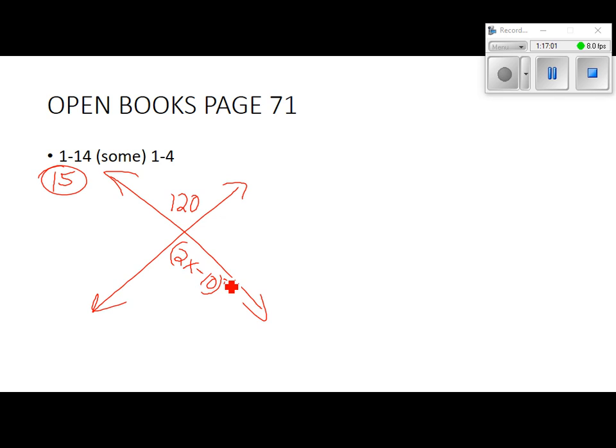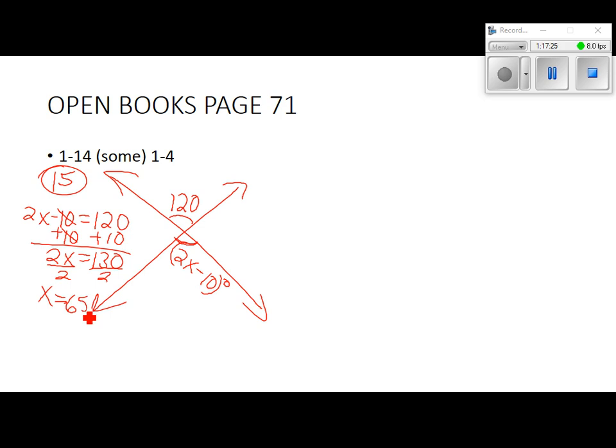These two are vertical angles, so they have to be congruent to each other. So 2x minus 10 has to equal 120. We solve that equation. Divide by 2, you end up with x equals 65.